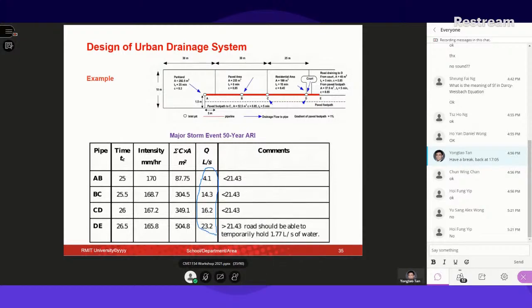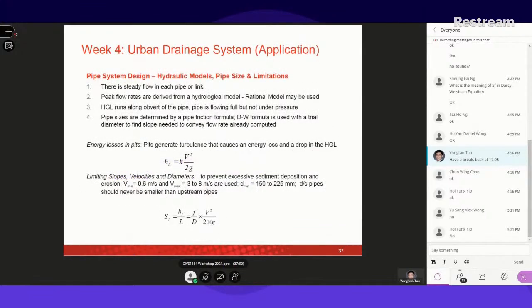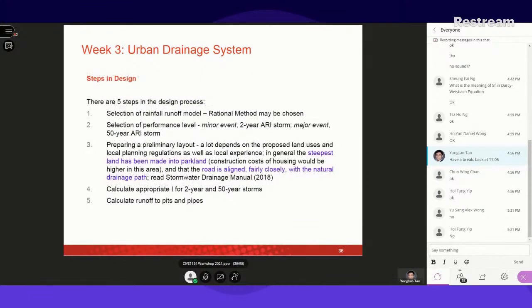Next, we are going to look at the steps in design. This is a summary of the steps in urban drainage system design. There are 5 steps. The first one is to select the rainfall runoff model, normally the rational method. Then select the return period, for example, minor event 2 years, major event 50 years.